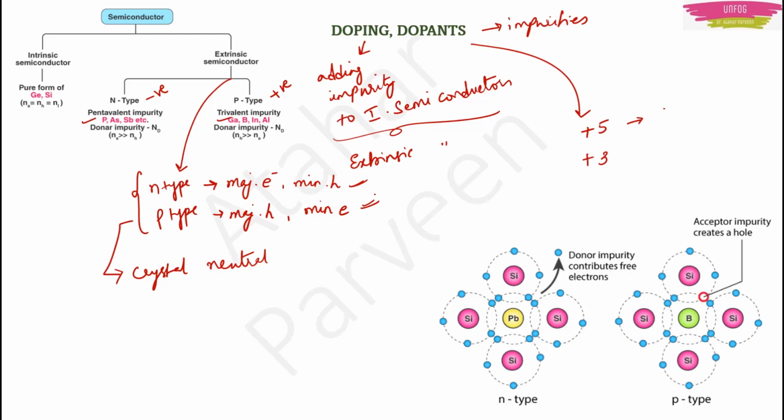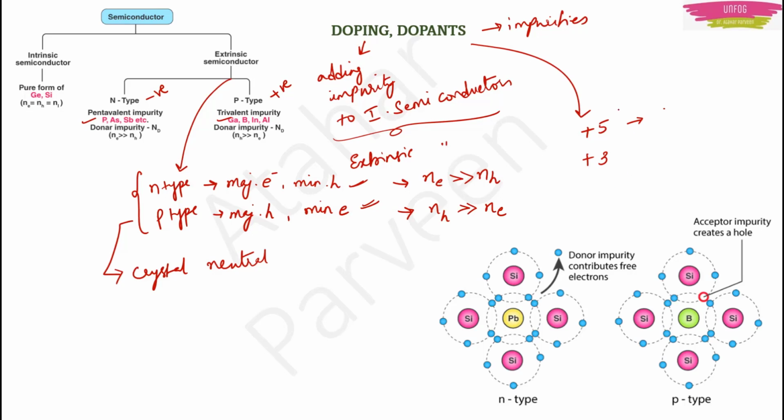Now I can also say that in N-type, the number of electrons will be very much more than the number of holes, isn't it? Because majority charge carriers are electrons. And in P-type, the number of holes is more than the number of electrons. This you have to remember.